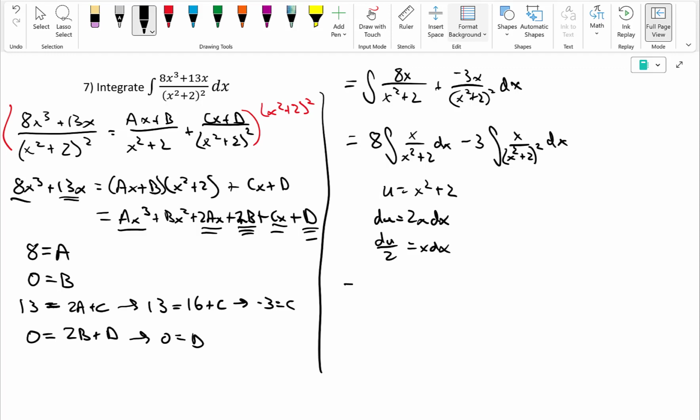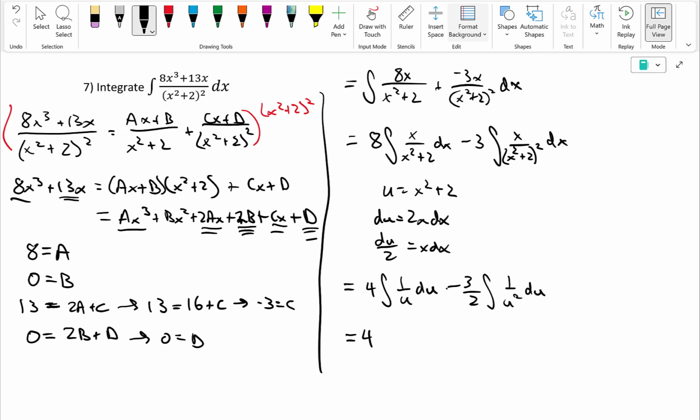So the first one we can rewrite as 8 over 2, or a 4, times the integral of 1 over u du. And the second one, we're going to get -3 over 2 times the integral of 1 over u squared du.